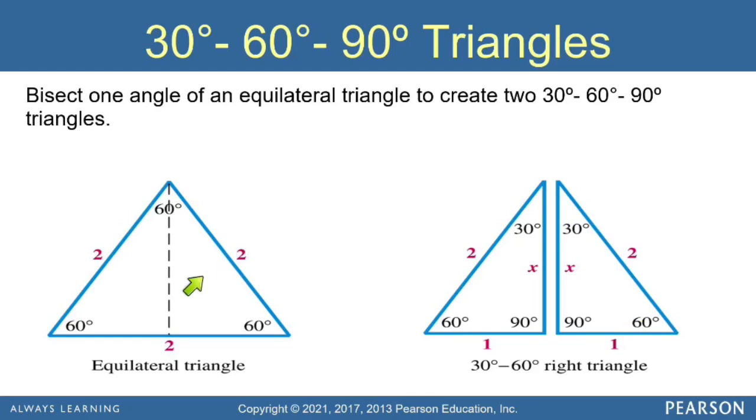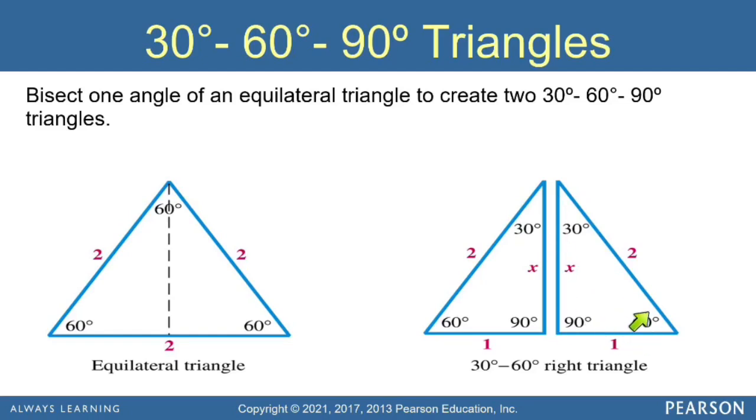Now, since these sides were all labeled 2 units long, when we cut this bottom side in half, each half is 1 unit long. So right now, we have a right triangle where the hypotenuse is 2 and one of the legs is 1, and we have not yet found the other leg, but we know that the angles are 30, 60, and 90.